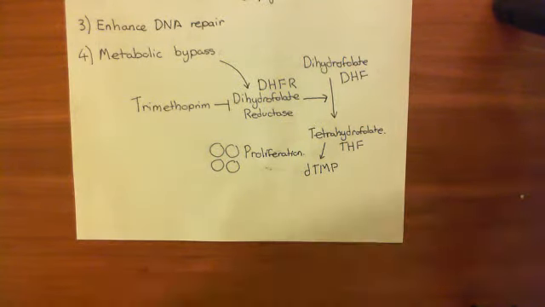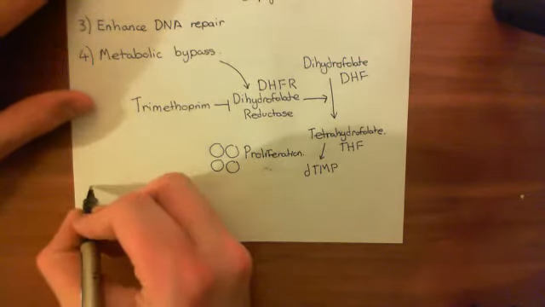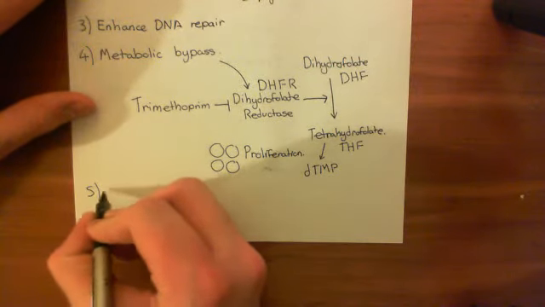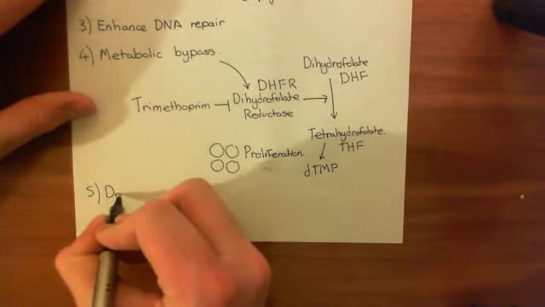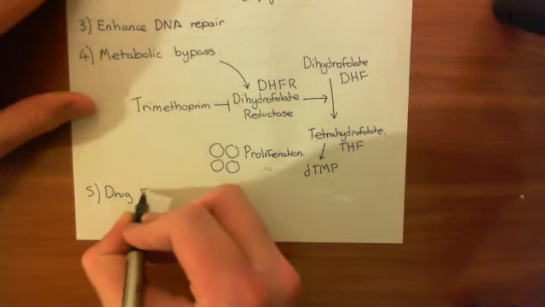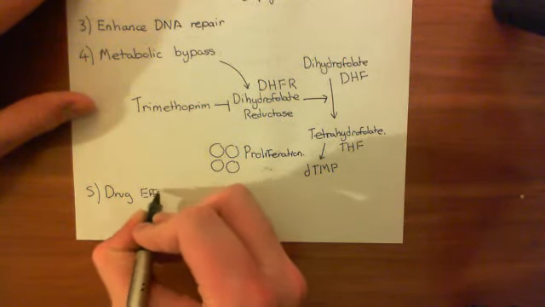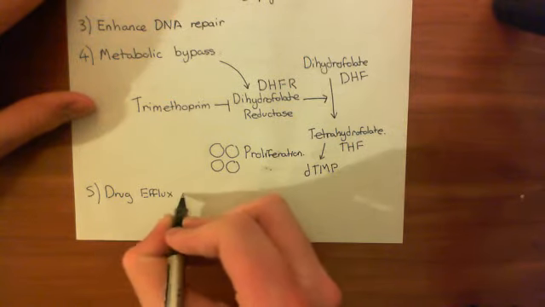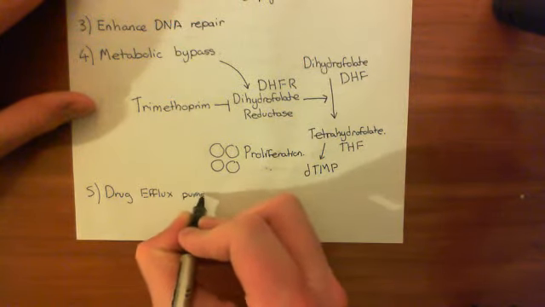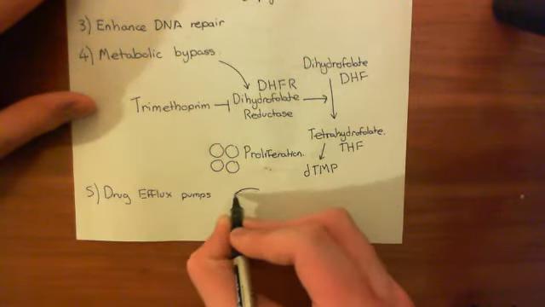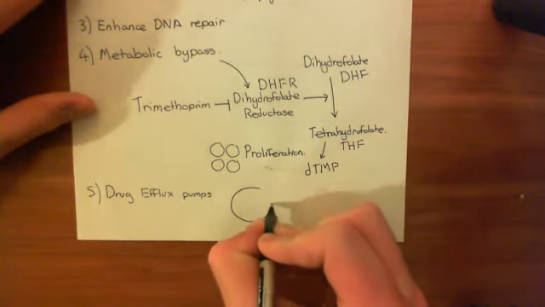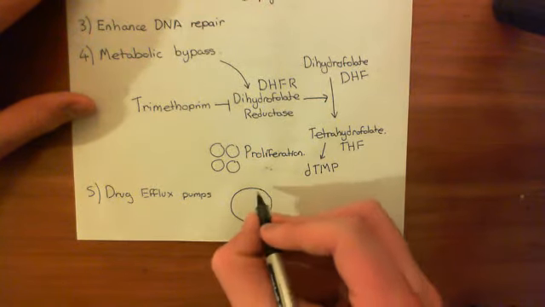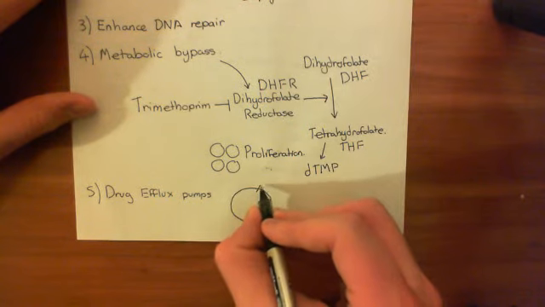And then finally, another mechanism is that you can have drug efflux pumps, okay? Or you can reduce the drug entry to the cell. Okay, so drug efflux pumps is an excellent example. So basically, what bacterial cells can do is they can start expressing pumps in their membrane.